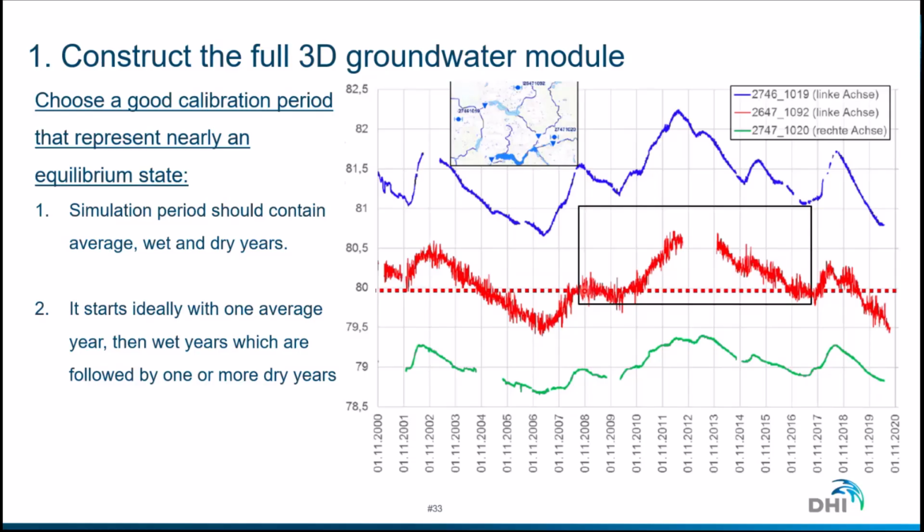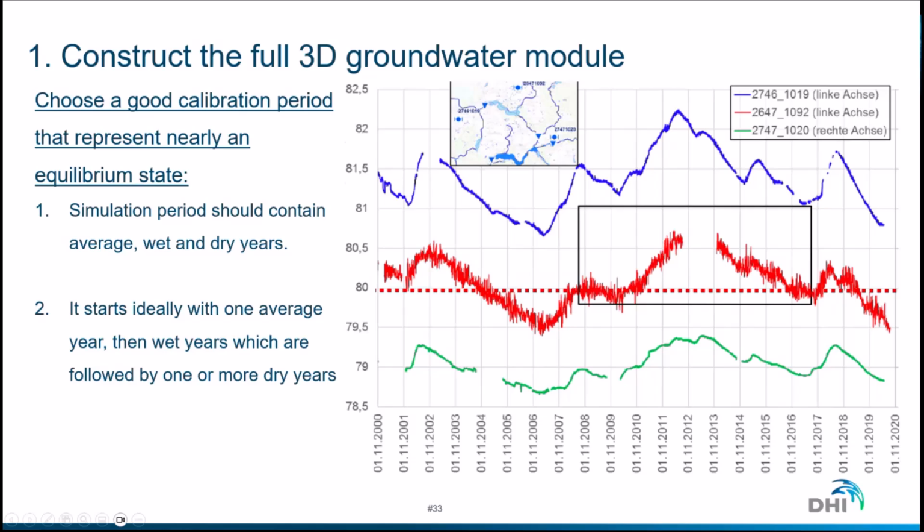So I would probably start somewhere in an average year here. I would not start in a very falling period or a rising period. You could start here at the beginning of the hydrological water management year, 1st November of 2008 here in Germany. Then you have one average year, then you have a rising period, and you have a falling period. So this could be a good calibration period for this kind of model setup.